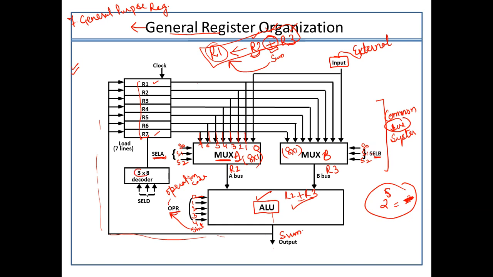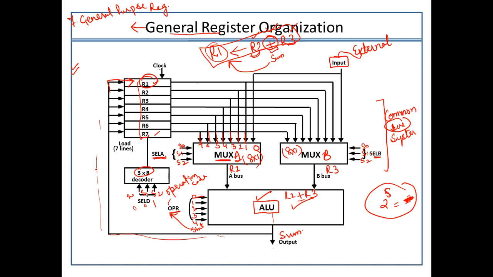Again, I am using a 3 cross 8 decoder here, and these are the 3 selection lines, or the input lines, of this decoder. Depending upon the inputs available here, 0, 0, 1, 0, 1, 0 or anything, that particular register will be selected and I will be able to store the sum in it. So this is how this entire process will take place.